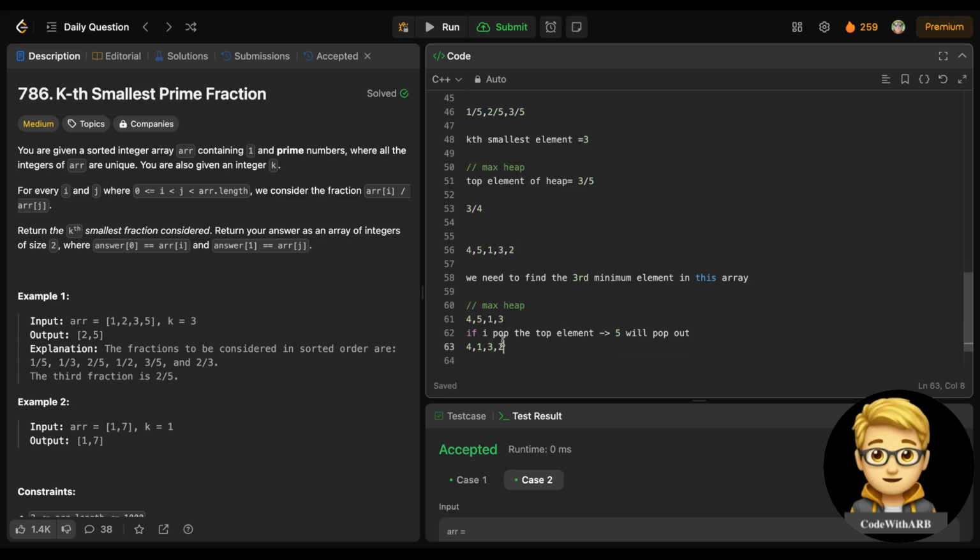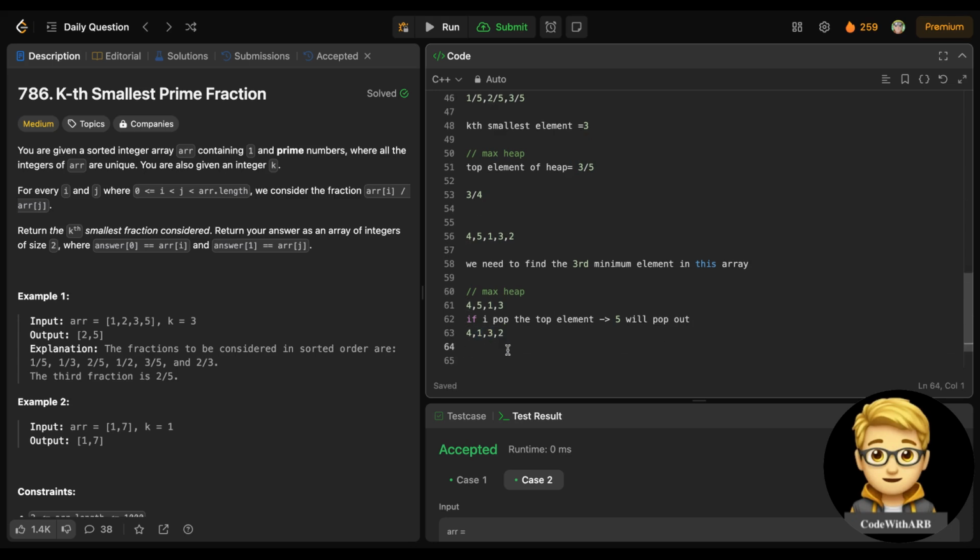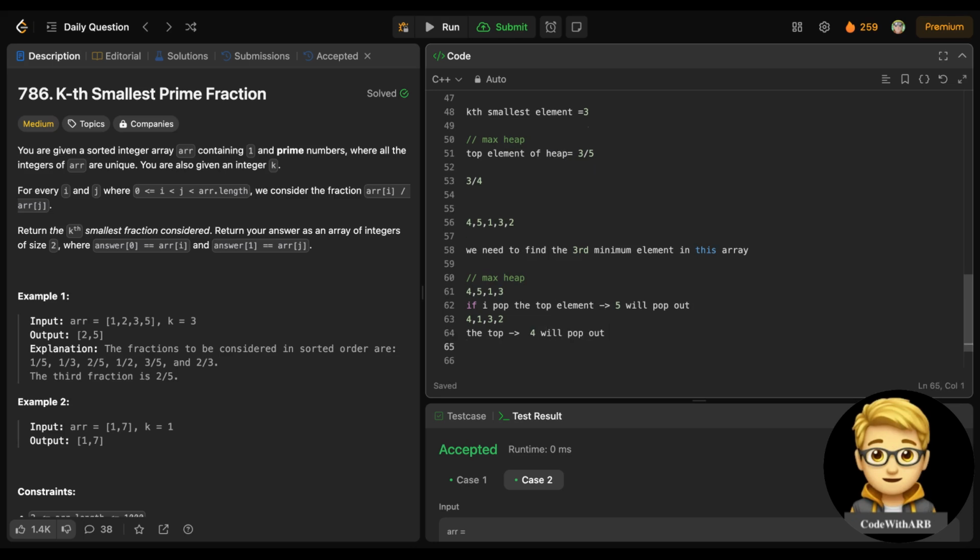This is again greater than 3 elements, so we pop the top element, which will be 4, because this is a max heap. So 4 will pop out. Now what will be left? 1 3 2. Now it has only 3 elements left, and we need only the third minimum element. So the third minimum element in this will be the maximum element, don't you think?